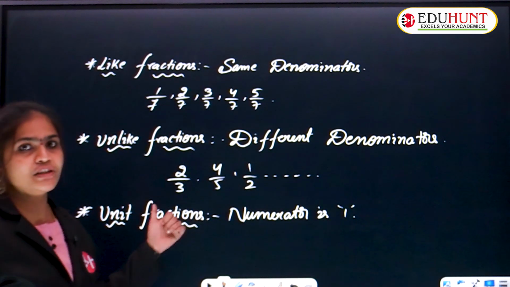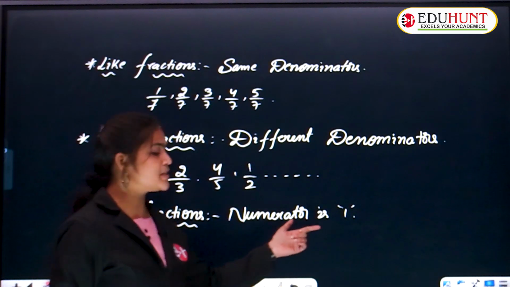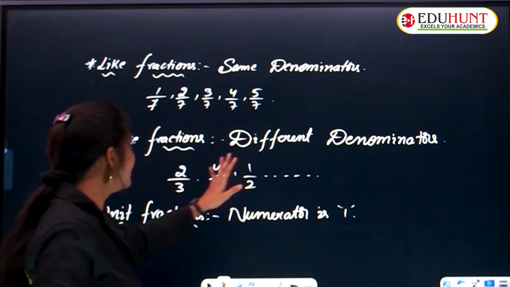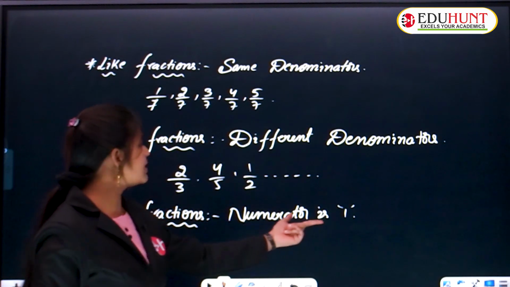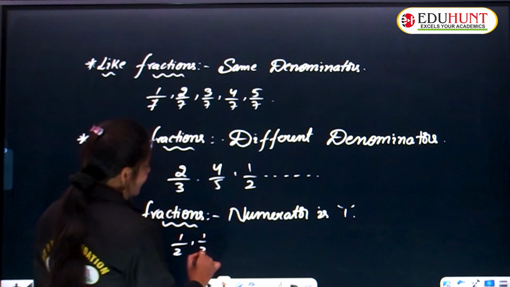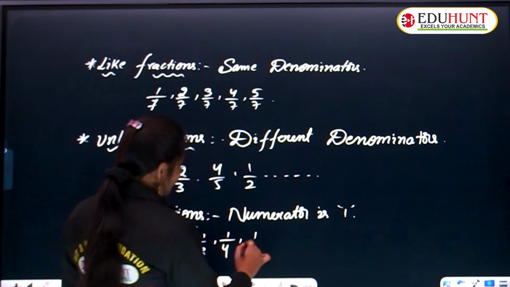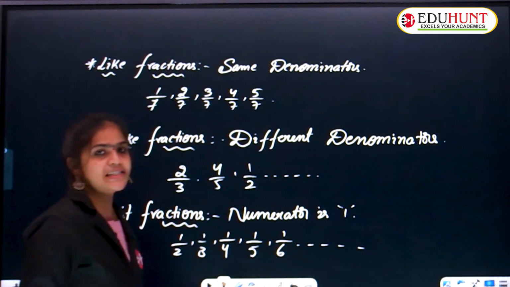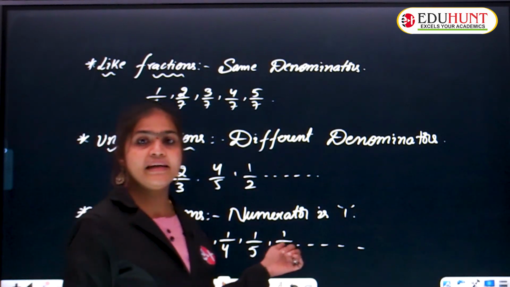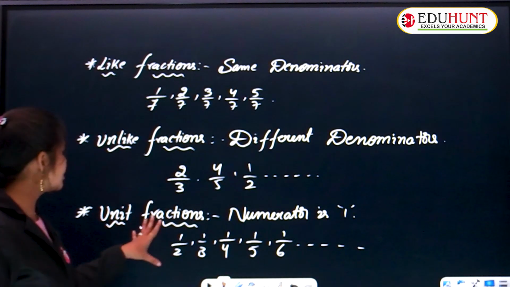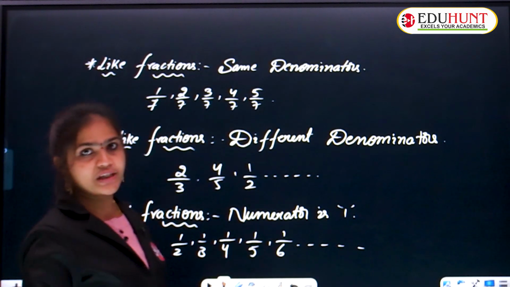For a unit fraction we just have to observe the numerator; the remaining all depends on the denominators. Now come to the unit fraction: here 1 by 2, 1 by 3, 1 by 4, 1 by 5, 1 by 6 and so on. Just observe that all the numerators are equal to 1. Understood? So this kind of fractions are known as unit fractions.